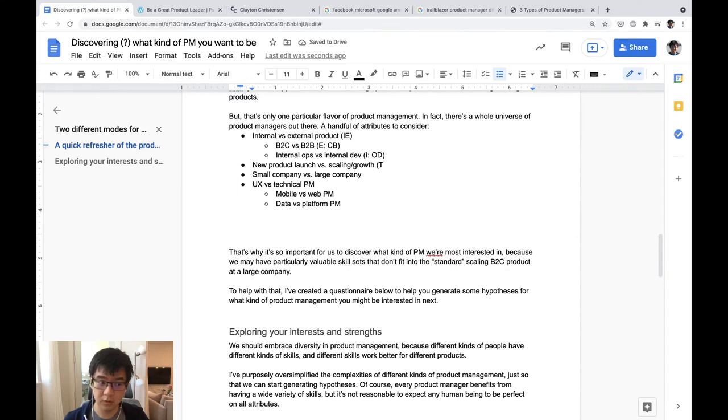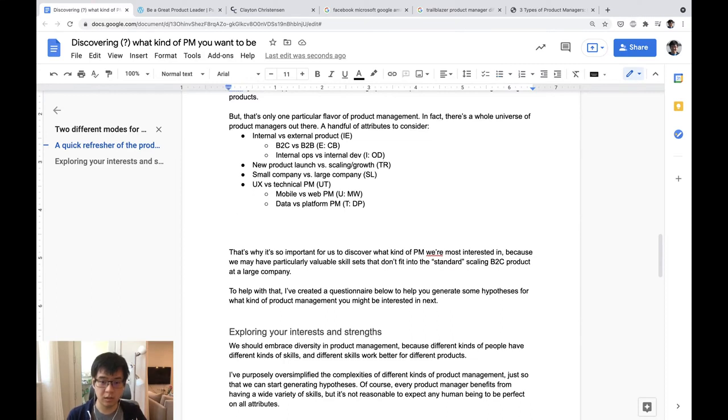Trailblazer versus reinforcer, small versus large, and then surprisingly, I don't think I've repeated any letters, which is actually super nice. Nope, I did. T. I is innovator. Anyways, I'll figure this out.